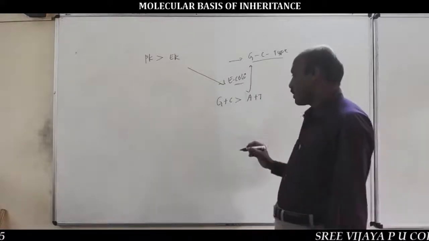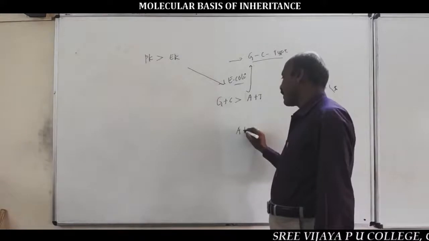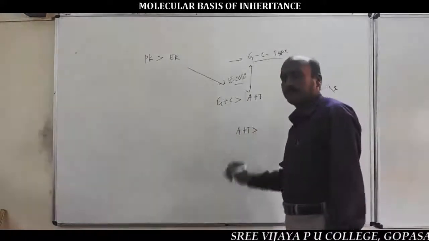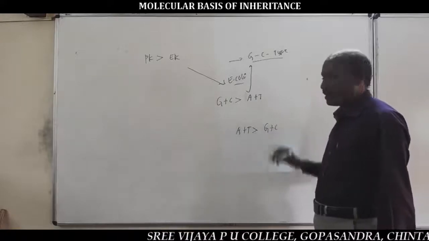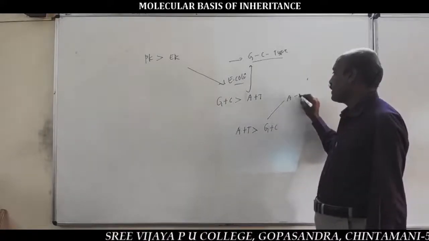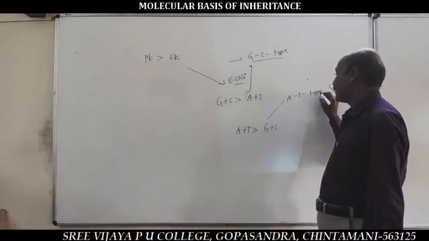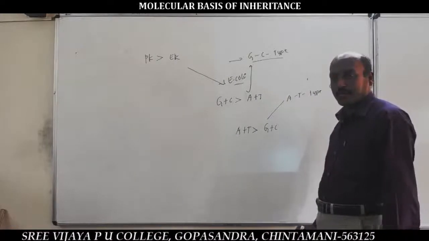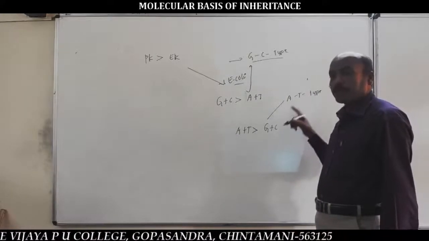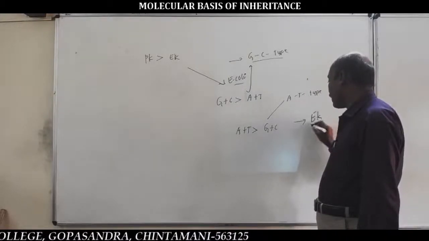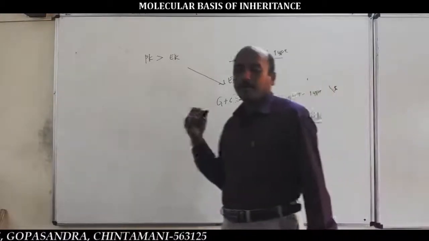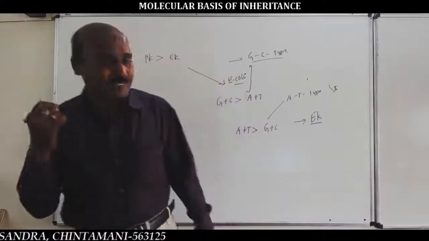And in eukaryotes, adenine and thymine are more abundant than guanine and cytosine. This is called AT type DNA. This type of AT DNA is present in all eukaryotes, including humans, in the human cell nucleus.